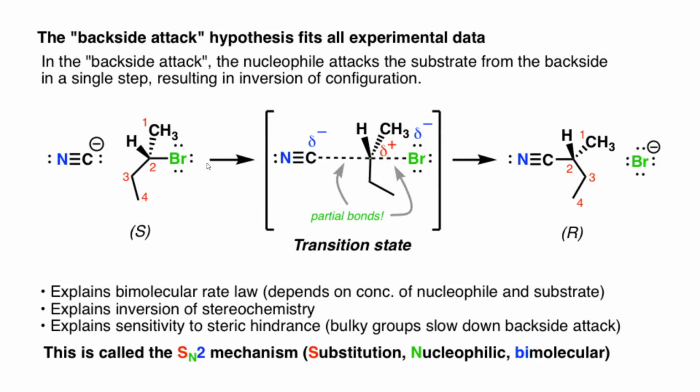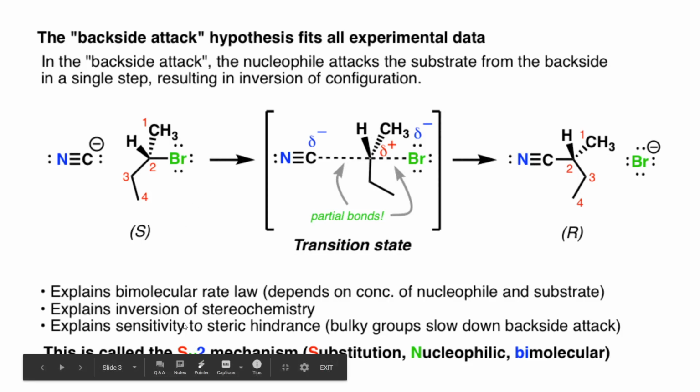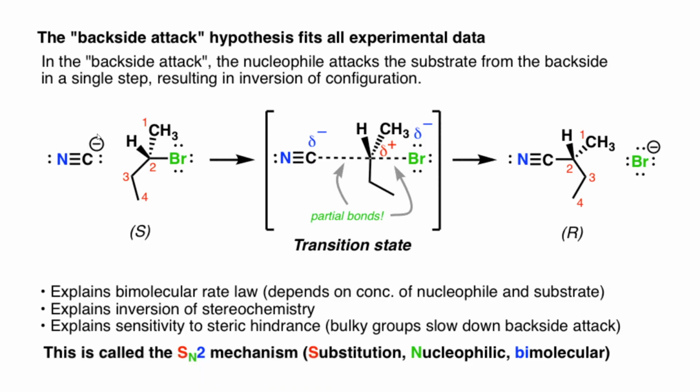So this is what's going on in a typical SN2 reaction, which is a substitution nucleophilic bimolecular reaction, and that's why it's labeled SN2. We have a nucleophile, something that has electrons on the outside.